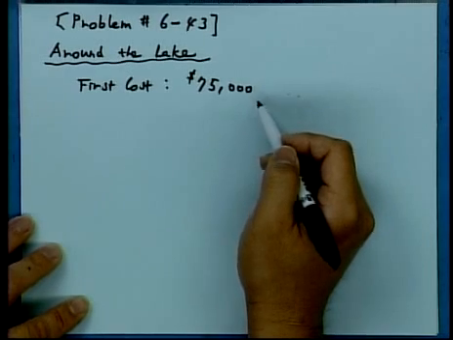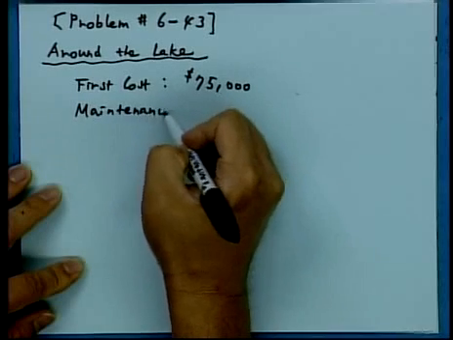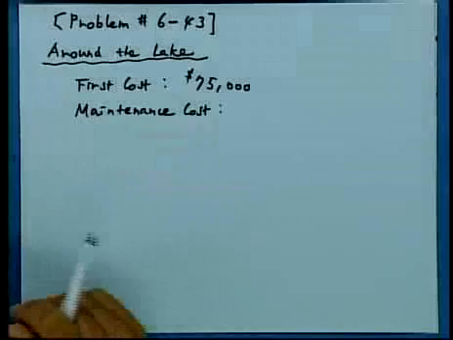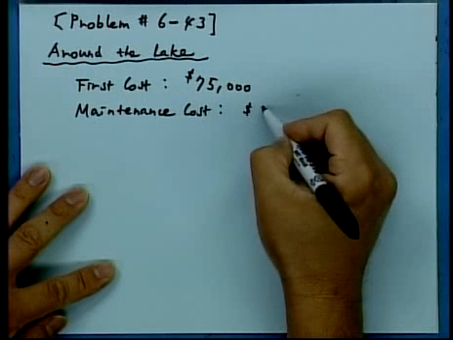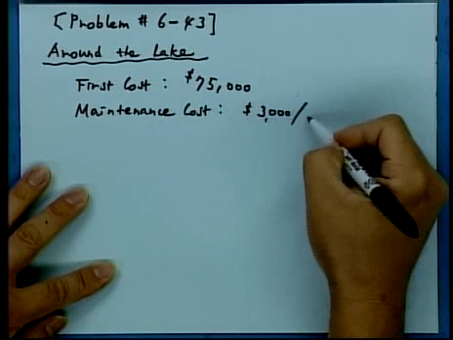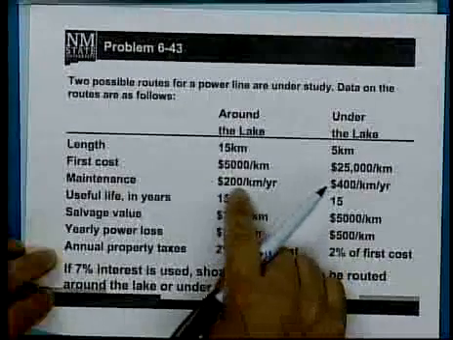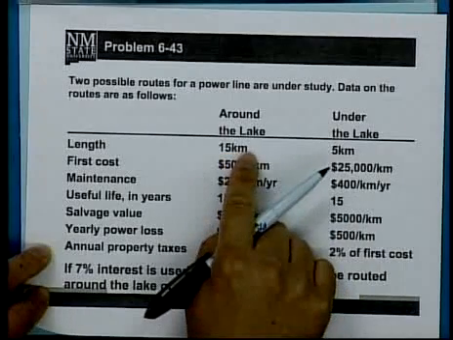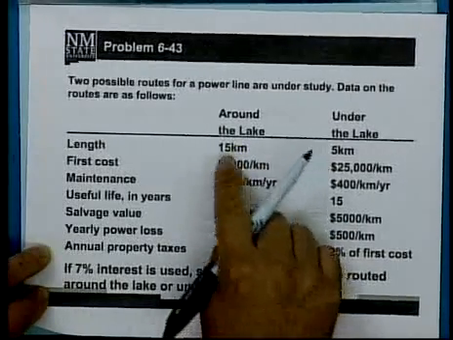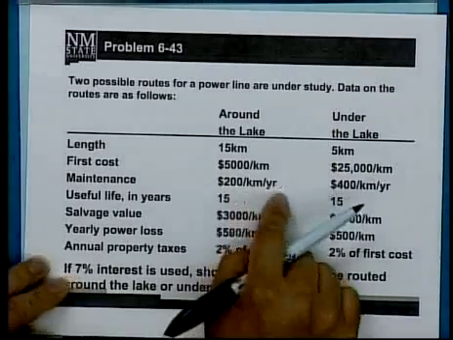Then how about the maintenance cost? That's going to be $3,000 per year. Why is that? Because it's going to take $200 per kilometer per year, and the total length is 15 kilometers. So again, you need to multiply these two numbers, 15 kilometers times $200 per kilometer per year.